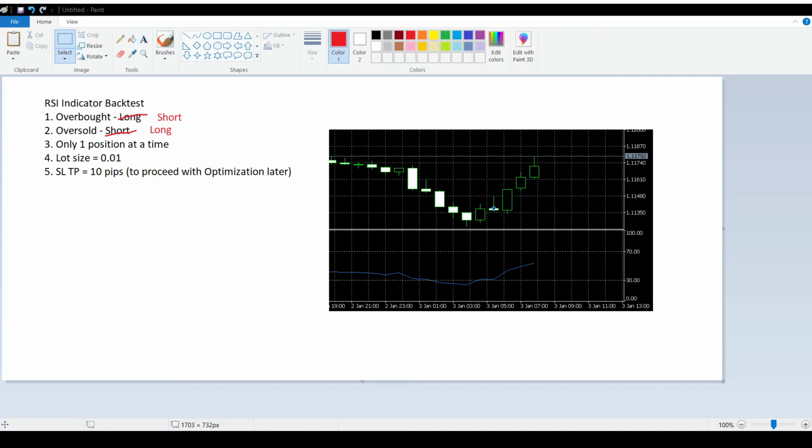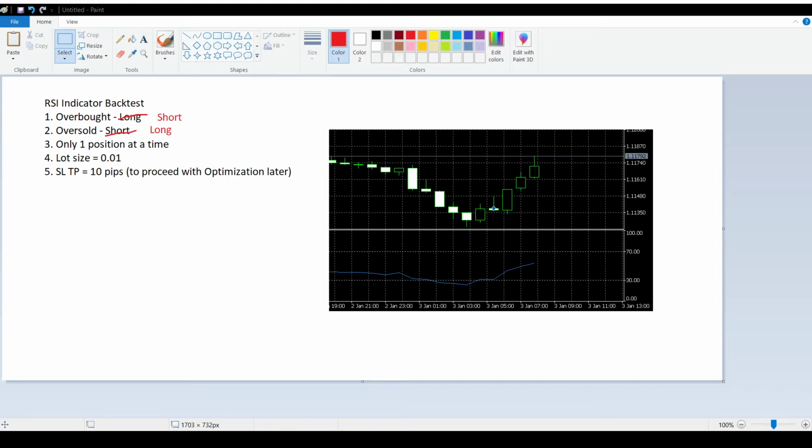What would be the outcome? Another consideration is, since we have defined the oversold and overbought levels at 30 and 70 respectively, what if we change them to 20 and 80? What could be the possible outcome? So this is called the optimization.